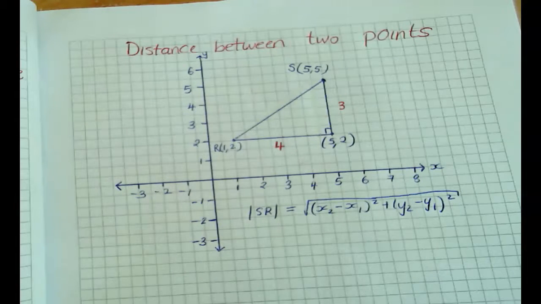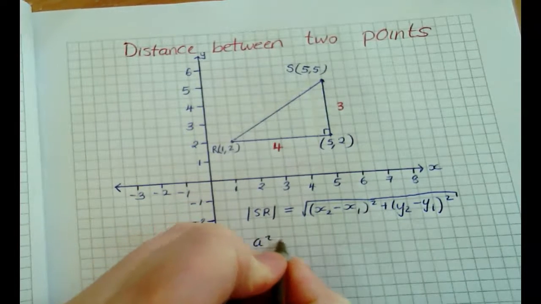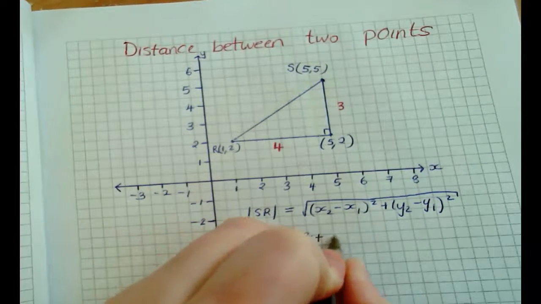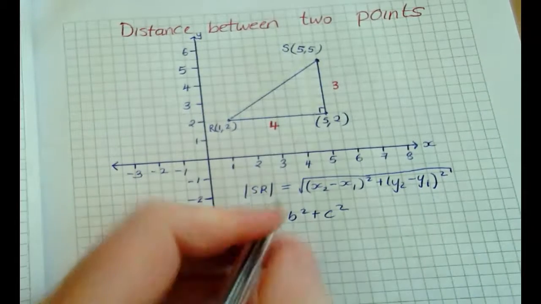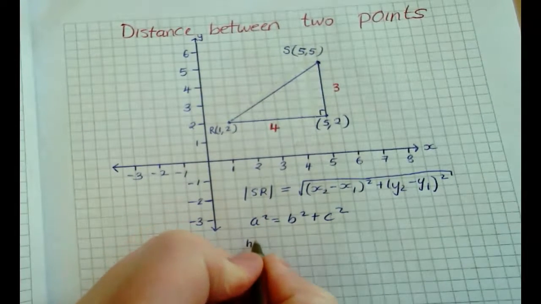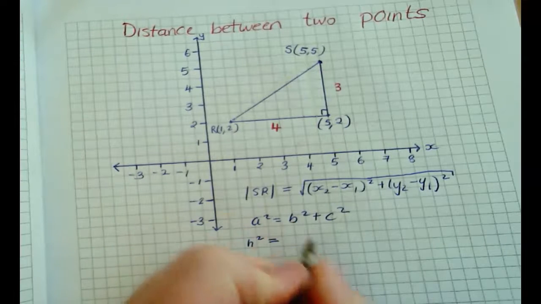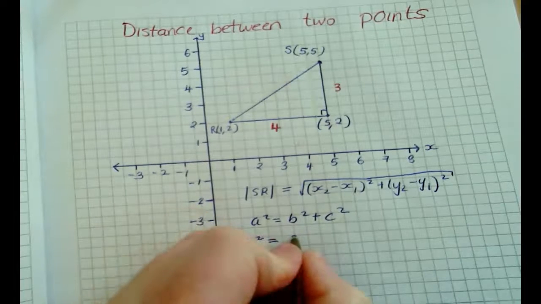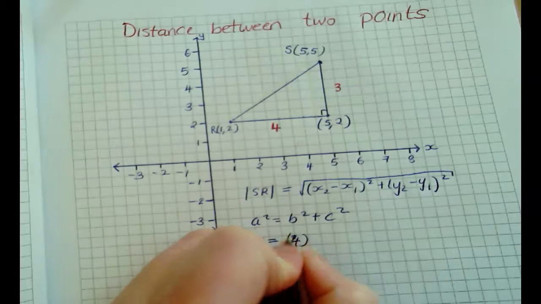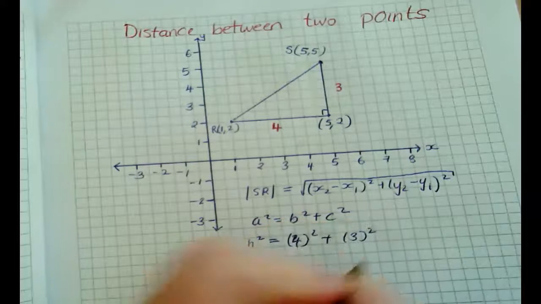So I know that Pythagoras' theorem is a squared equals b squared plus c squared. The a squared has to be the hypotenuse, which is equal to 4 squared plus 3 squared.